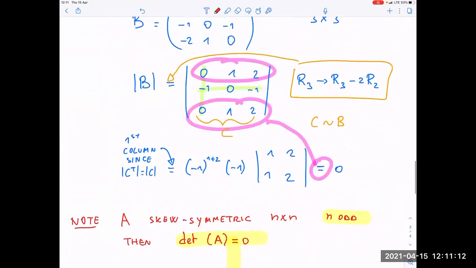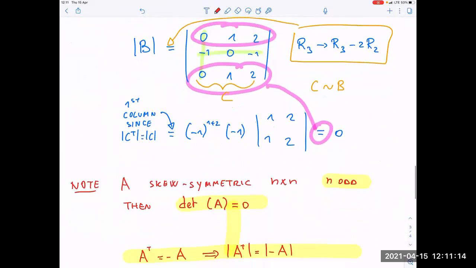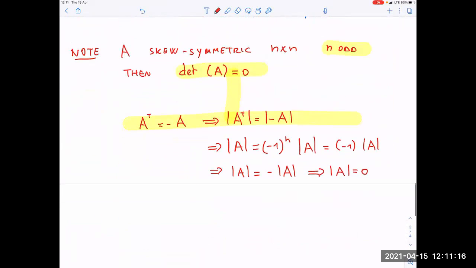But if it is of odd size, then you get zero determinant, and that's not just a chance, it's something that happens consistently over and over again. Okay? So this is what we want to mention now.